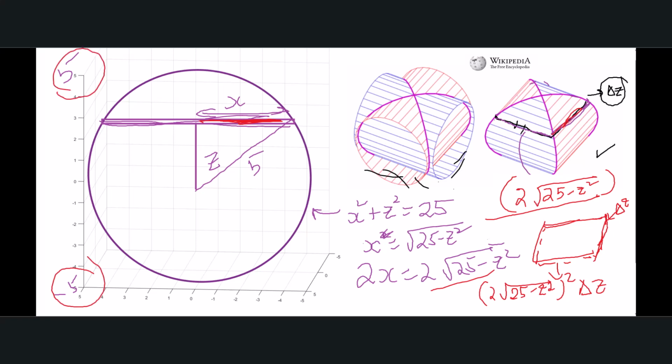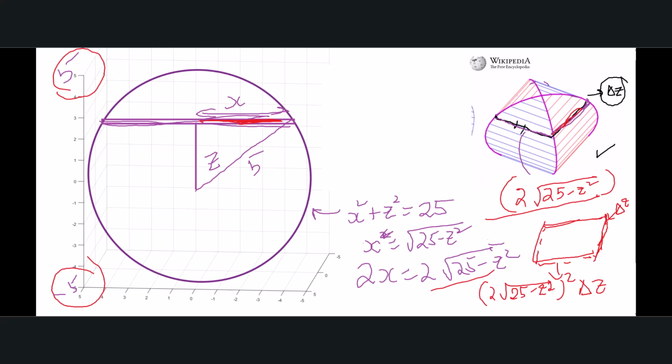So let's just go ahead and calculate that. All that we are doing now is integrating from -5 to 5. This quantity is how much? 2 squared is 4, and then we have 25 minus z squared.